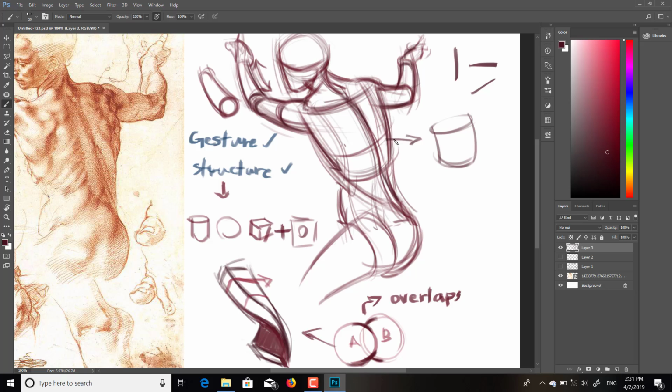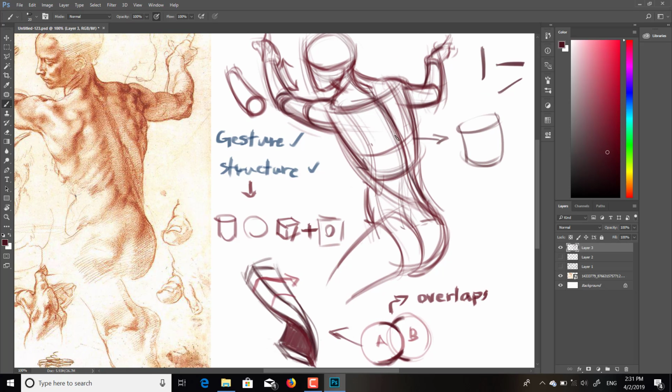We want to have a movement and fluid gesture. Another overlap here.